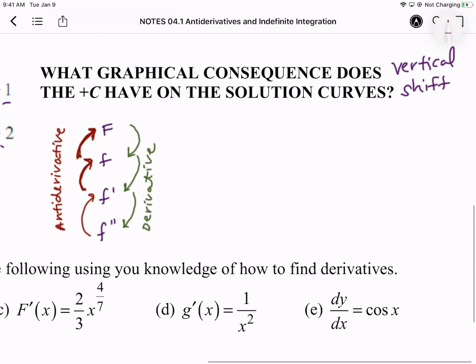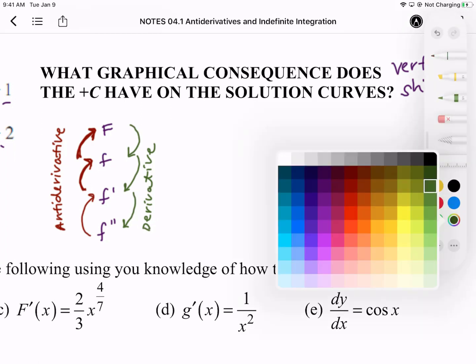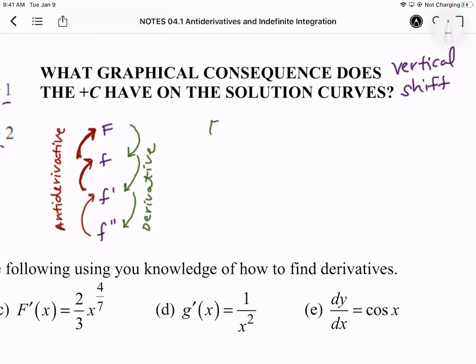And then a little bit of notation about how we would use the integral symbol, kind of like what we showed above. I'll use my green to show the derivative. When I take the derivative of big F of x, as we saw before, we get f of x equals x squared.